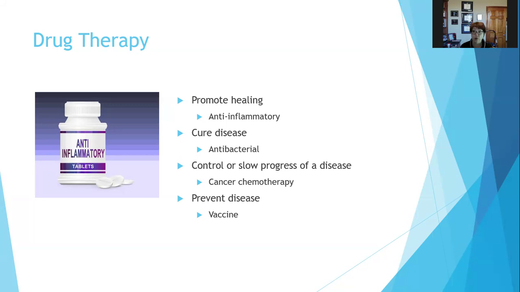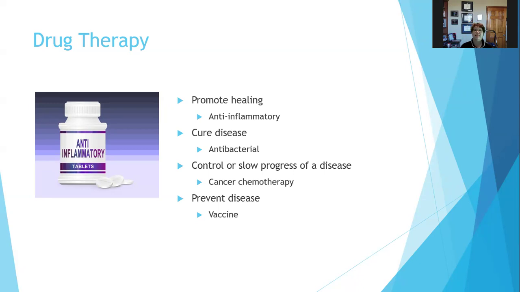It can slow the growth of the cancer. A lot of medications that are used for long-term degenerative neurological diseases like MS slow the progress of the disease. They don't cure it, but they slow the progress so you can live a fuller life.